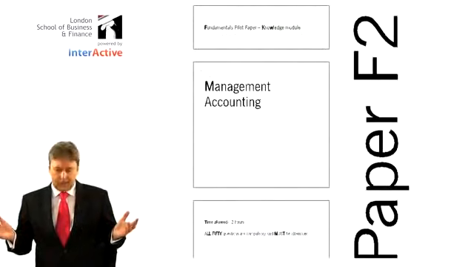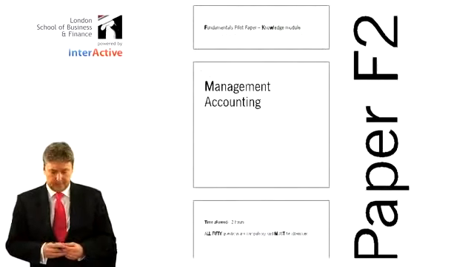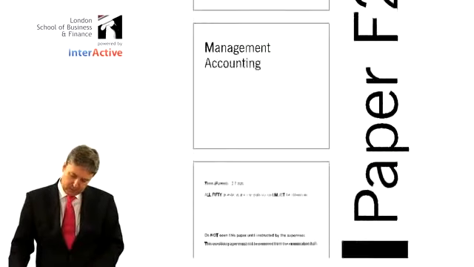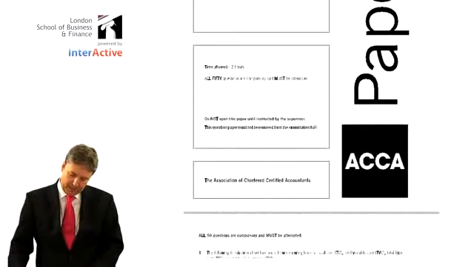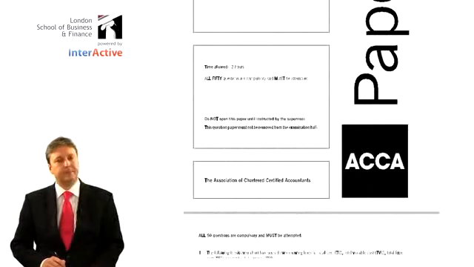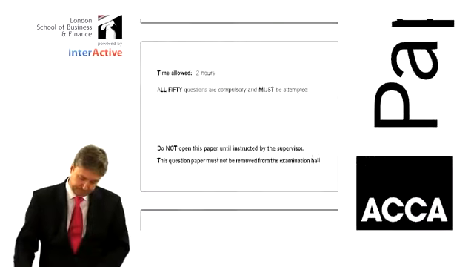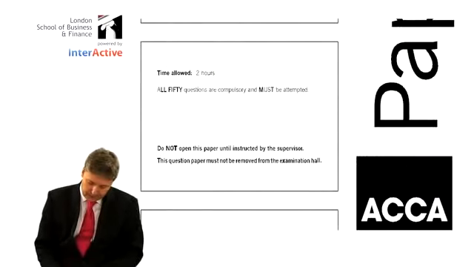What we should have is a paper that looks something like this. We have management accounting on the front, and if you can see in this very fancy way of writing, we have paper F2 up the right hand side. What would we notice from this? Well, the first thing we notice is time allowed.